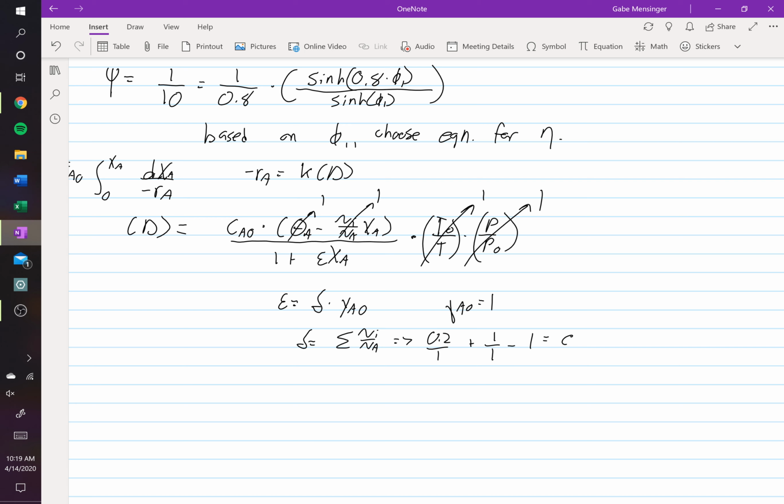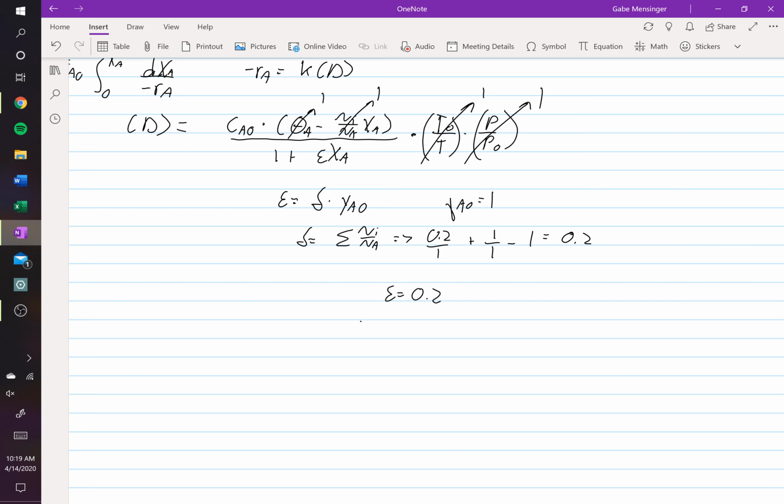That's going to just be equal to 0.2, which makes epsilon equal to 0.2, which makes our concentration of D equal to, I'll write it this way, concentration of D_0, that's just our initial concentration, times 1 minus X_A over 1 plus 0.2 X_A.